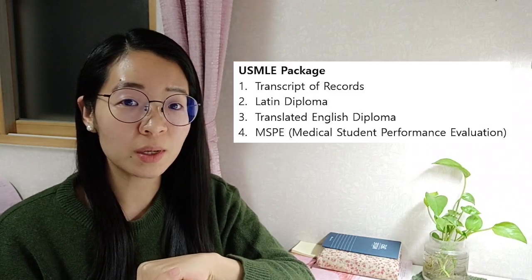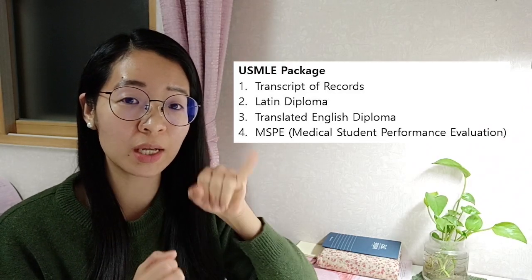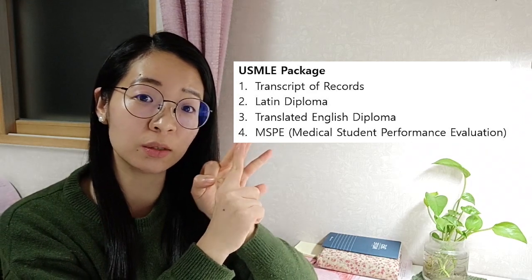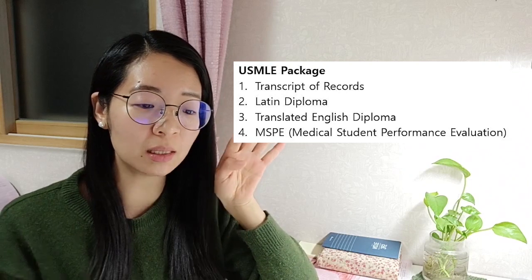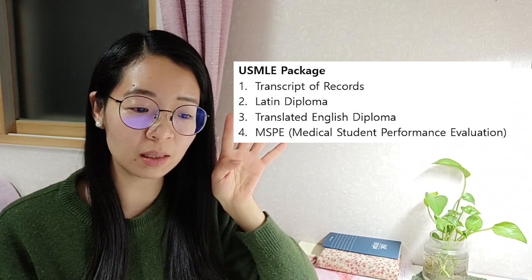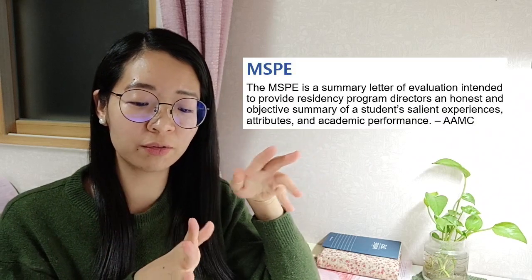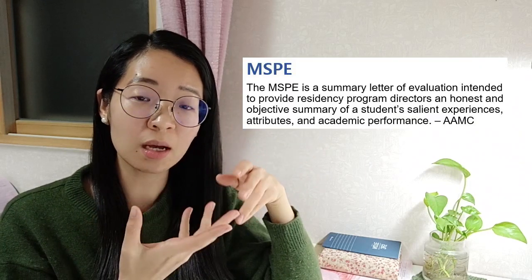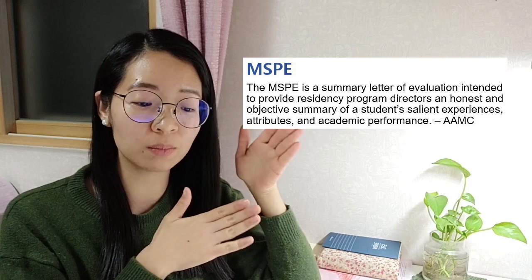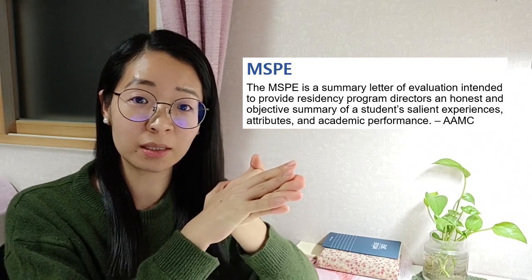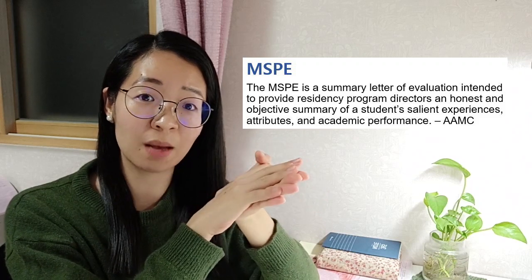For my school, the USMLE package consisted of the transcript of records, the Latin diploma, the English translated diploma, and the MSPE. MSPE stands for Medical Student Performance Evaluation, and it's basically a summary letter of evaluation intended to provide the residency program directors an honest and objective summary of your salient experiences, attributes, and academic performance.